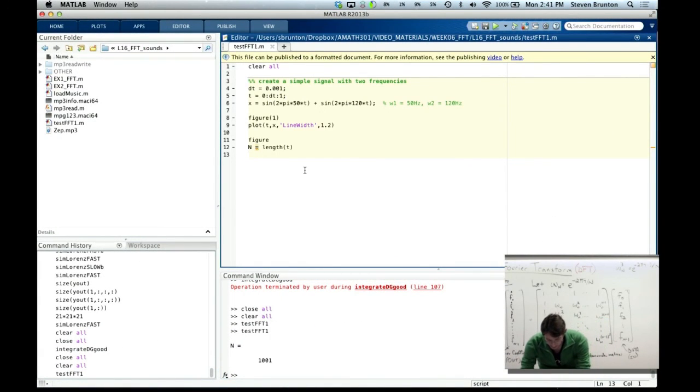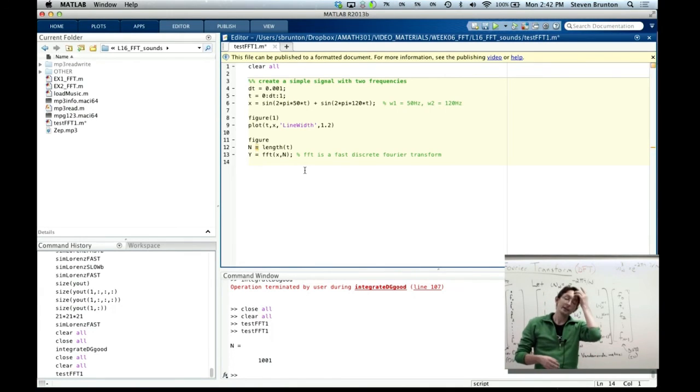Okay, I'm going to take the FFT of my signal x, and I'm telling the FFT command that there are n samples. Remember, FFT is a fast discrete Fourier transform.